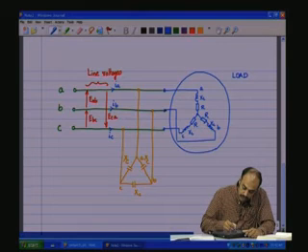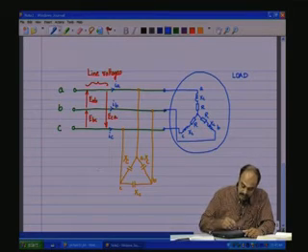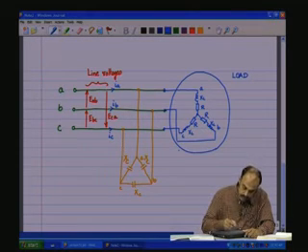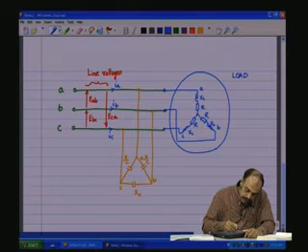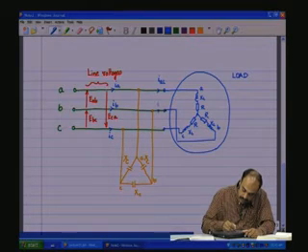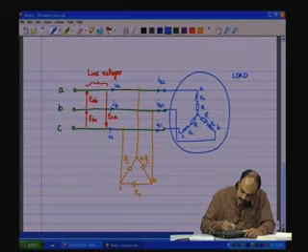Now, at this point, let the currents get split between the capacitive reactive load and the RL load. Let us distinguish them by the following symbols. We have, let us say, IAL, IBL, ICL.